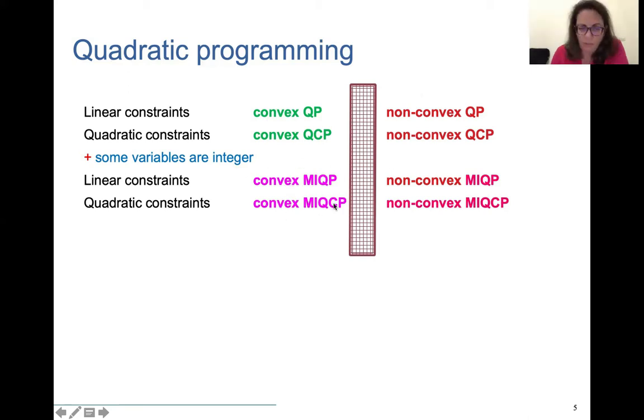These are not convex problems, but they are non-convex since you have integer variables. The difference with those ones is that you can rely on continuous relaxation in order to solve your problem by branch and bound, because when you relax the integrality constraints, you have convex quadratic problems. So this makes the difference between those problems and those ones.